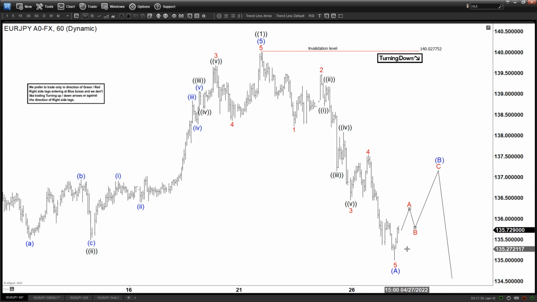Now another thing that a lot of people also misunderstand is that the correction in fact can take many different forms. So this is what we are proposing, which is ABC at 3 waves, but in reality it can, for example, unfold into 7 swing. Just to give you education here, it's not necessarily relevant to the euro yen. So it can be doing ABC 3 swing like this, right?